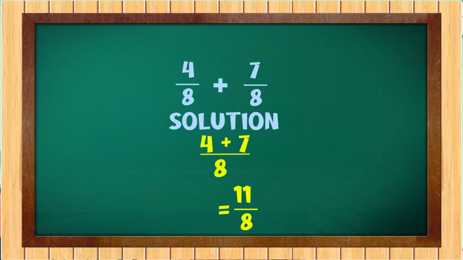How many groups of 8 are there in 11? Yes, one group of 8 with 3 remaining, or with 3 as the remainder. So our answer is 1 and 3/8. 8 being the common denominator, and we always replace it.